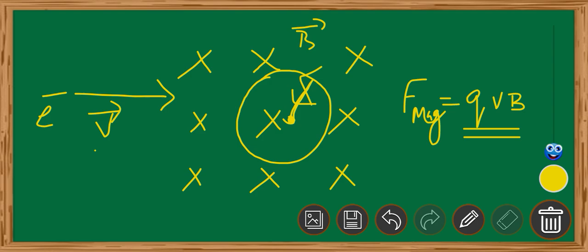So that's why this charge entering a uniform magnetic field performs circular motion, because this magnetic force itself provides that centripetal force.